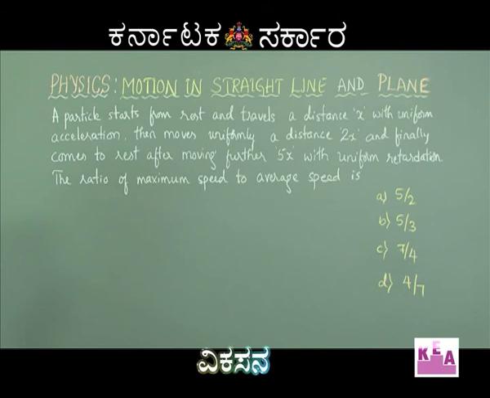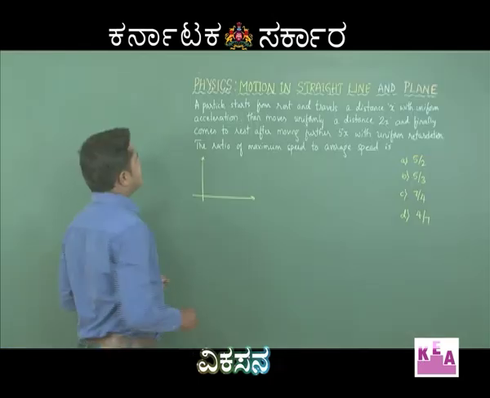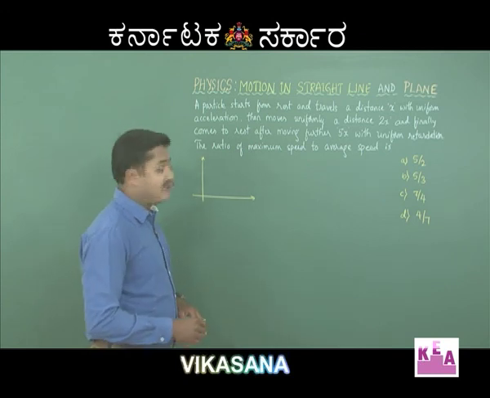Probably the VT graph, velocity time graph, will help me to solve this. Let's try to draw the VT graph for this. It starts moving with uniform acceleration.